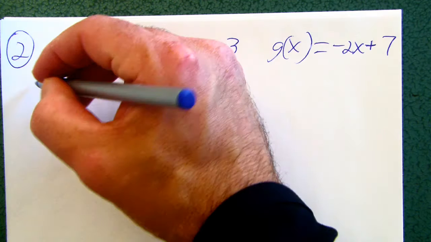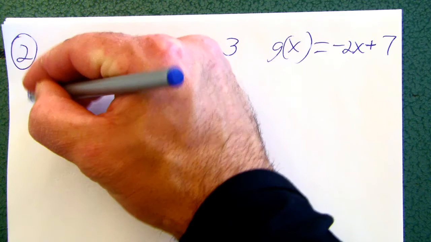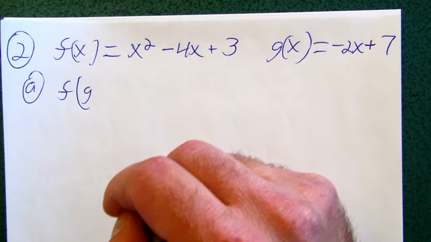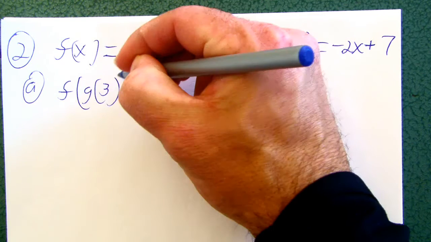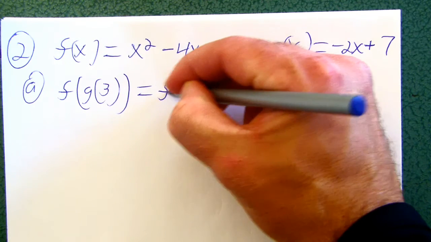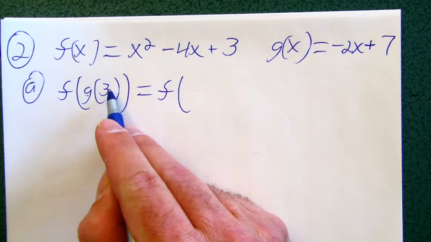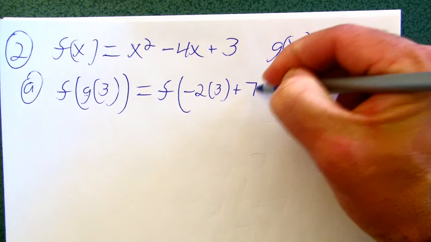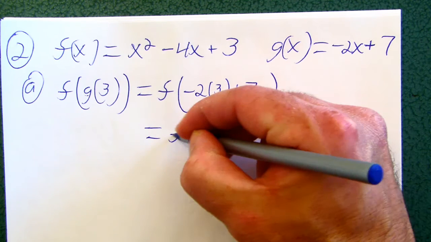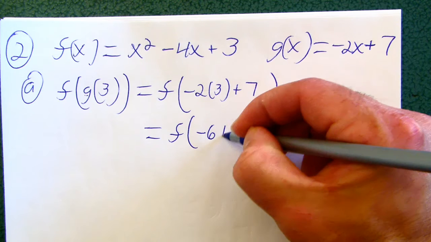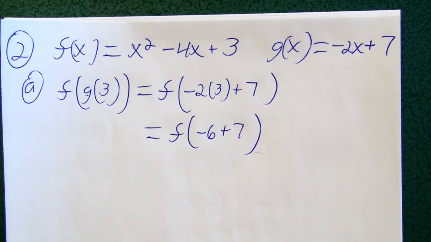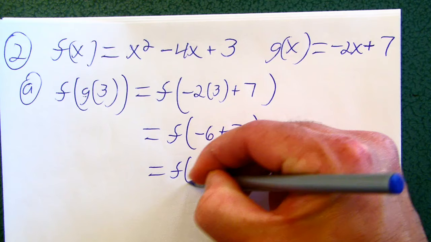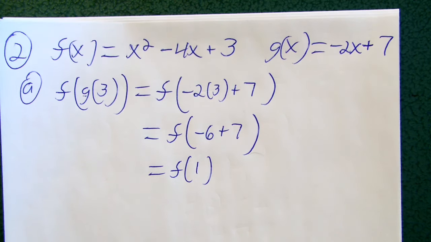And let's just start off with, for a here, let's go f of g of 3. So first thing, again, I'm figuring out g of 3. So g of 3 would be negative 2 times 3 plus 7. So that means I have f of negative 6 plus 7. So that's f of 1.